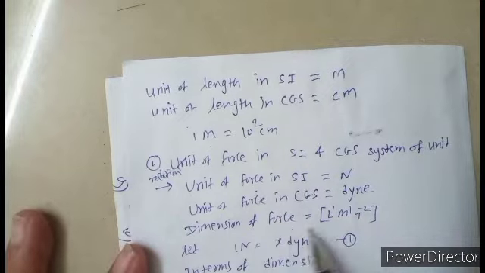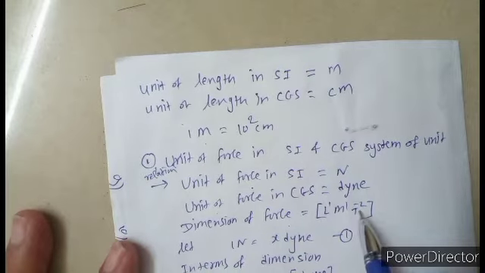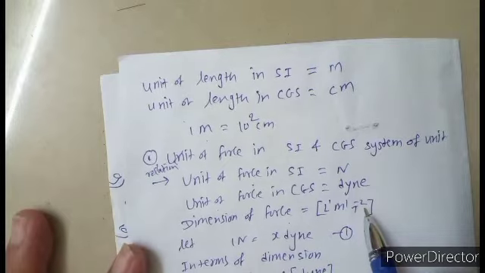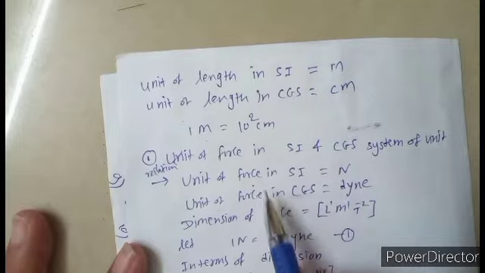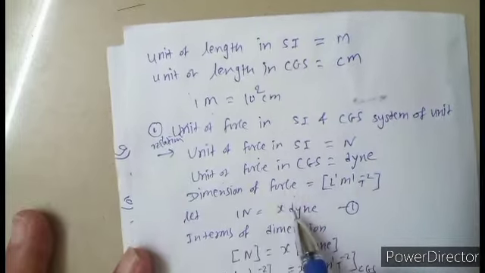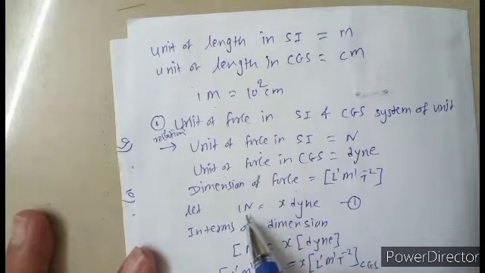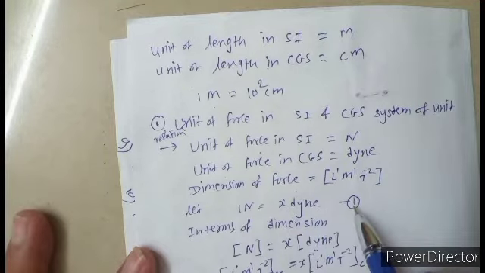So dimension of force are L1, M1, T raised to minus 2. We don't know the relation between these units in SI and CGS system for force. So for that we write the conversion factor as X. So 1 Newton is equal to X dyne, which is known as equation 1.